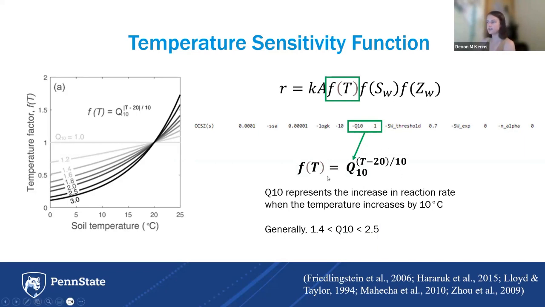So this is the reaction rate equation, showing how much it will amend the reaction rate based on how much the temperature raises. Generally, we have a Q10 between 1.4 and 2.5. And so you can see how changing Q10 over different temperatures can change this temperature sensitivity.